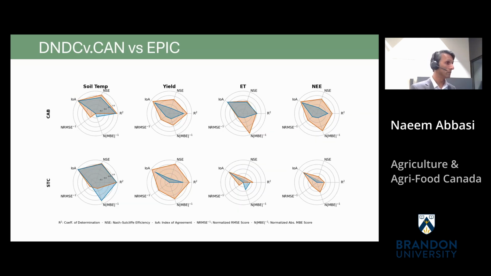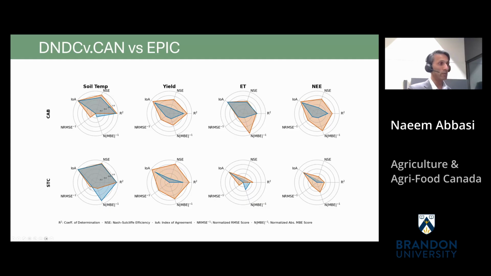So this is just to reiterate the confirmation that DNDC performed well. You see orange is DNDC, and the more the white is spread, the better its performance. And here it's about soil temperature. Soil temperature is kind of similar with both.